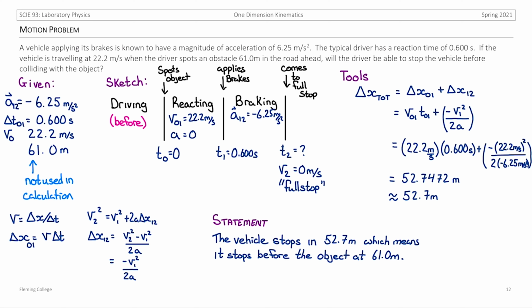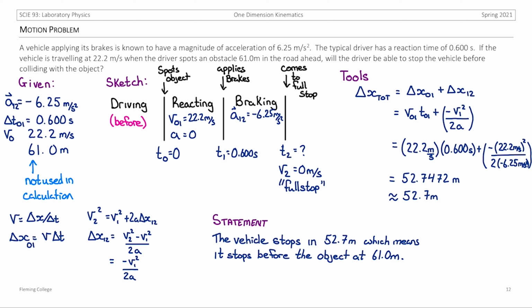When you complete a test or a quiz question for me, I'm really expecting to see all of this information laid out. Show me that you understand the values given to you in the question. That's our givens and sketches. Show me that you can choose the appropriate tools and combine them by giving me your equations that you've selected from the sheet and then rearranging them.